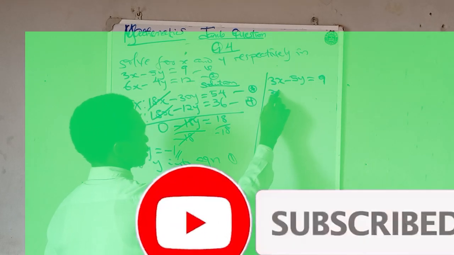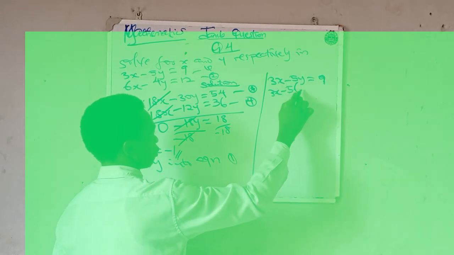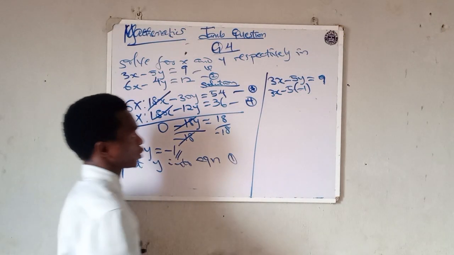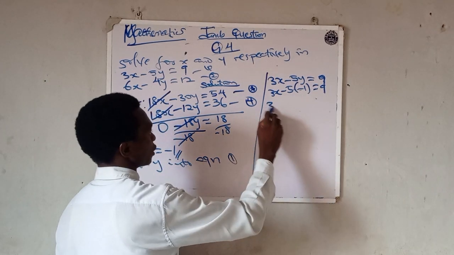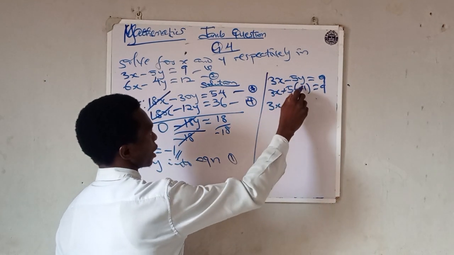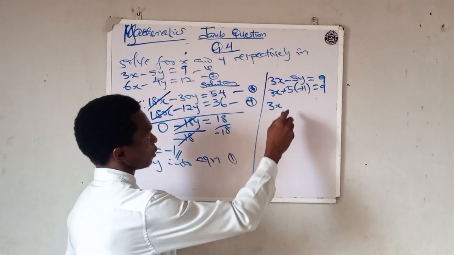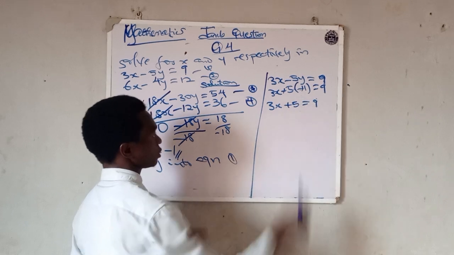So 3x minus 5 times minus 1 equals 9. So your 3x, minus and minus take care of themselves. 5 times 1, you have plus 5 is equal to 9.